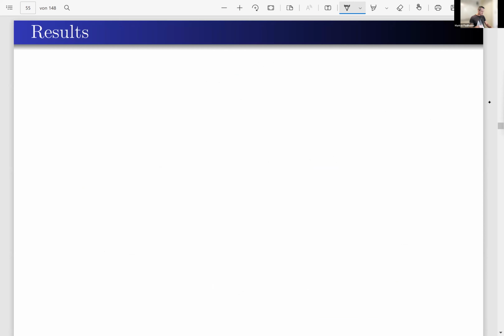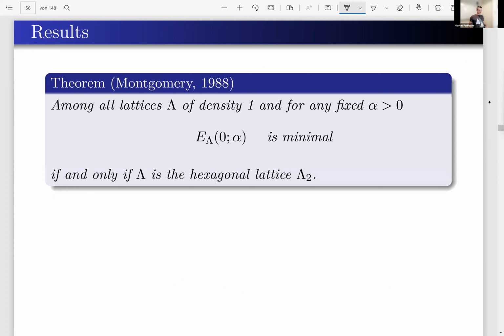And I thought actually before that this slide would be coming, which we are now. So the result that we already had, and why we don't need to deal with the upper frame bound, is a result by Montgomery, already from 1988, who showed that if you don't shift at all, then the hexagonal lattice always minimizes this Gaussian lattice sum.